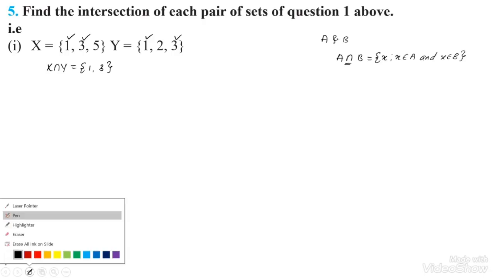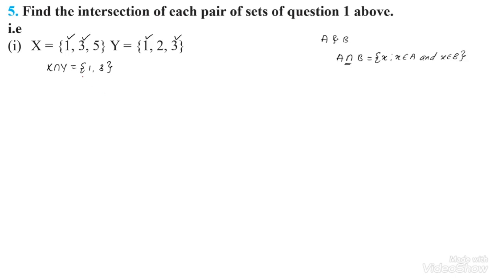Therefore, the result X intersection Y is 1, 3. Set A containing the elements a, e, i, o, u. Set B containing the elements a, b, c. What are the common elements? a. Here also a. Only one element is present in both the sets, that is a only.